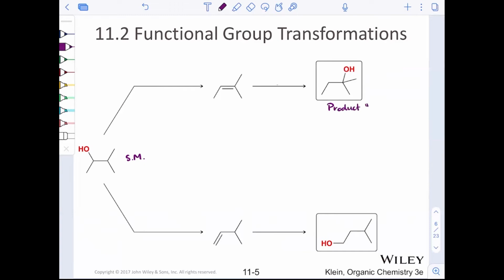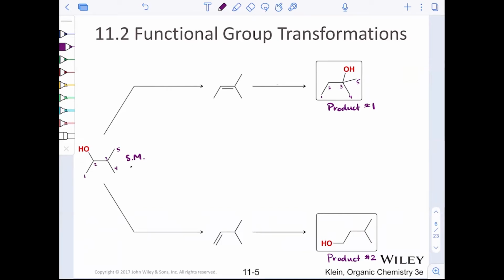We'll call this product number 1 and product number 2. Again, just to see the differences. Let's attempt the first one. My starting material has 1, 2, 3, 4, 5 carbons. My product number 1 also has 5 carbons. Again, no rhyme or reason how I'm counting as long as I'm trying to be consistent.